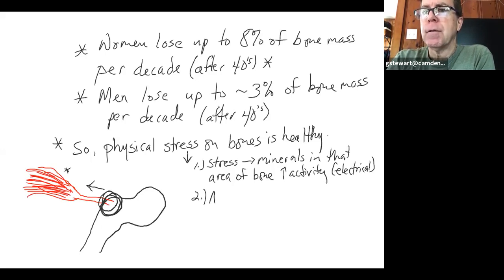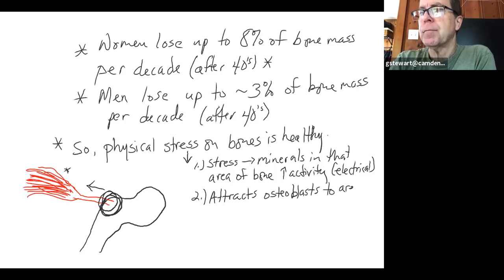That attracts osteoblasts to that area. So the increase in mineral electrical activity of a stressed bone area attracts osteoblasts to the area. And you know what osteoblasts do now? The osteoblasts secrete new bone matrix.